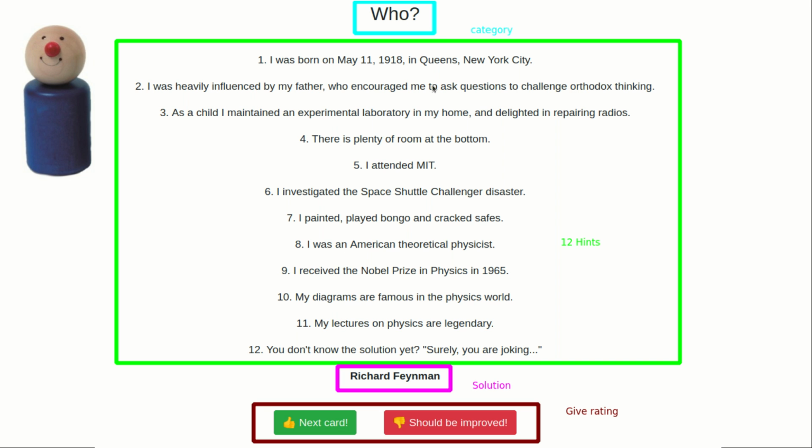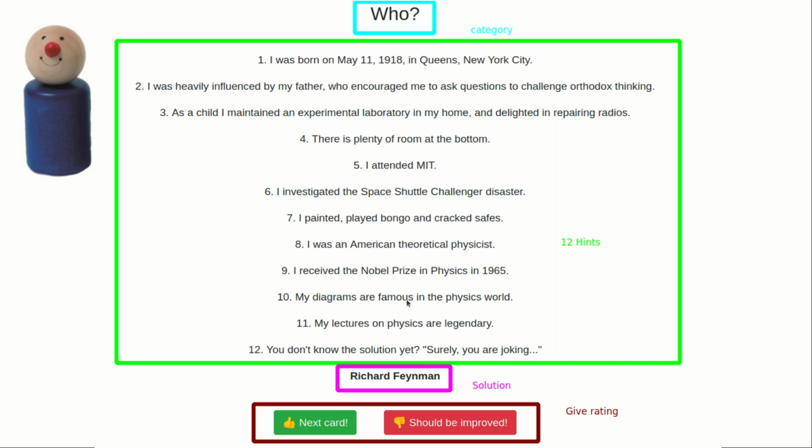So category, 12 hints, and when you look at the hints, you will see the first hint is rather unspecific, rather hard to get the solution from that hint, and the hints should be growing better and better, and the 12th hint or the 11th, 10th of the hints are quite good. Finally, you could also give the card a rating when you have finished the card.